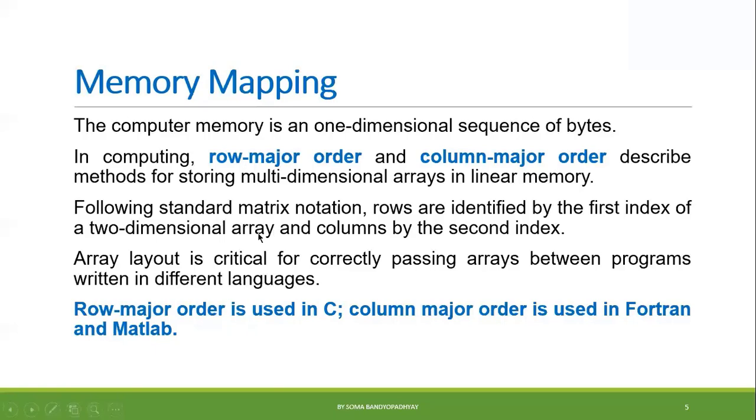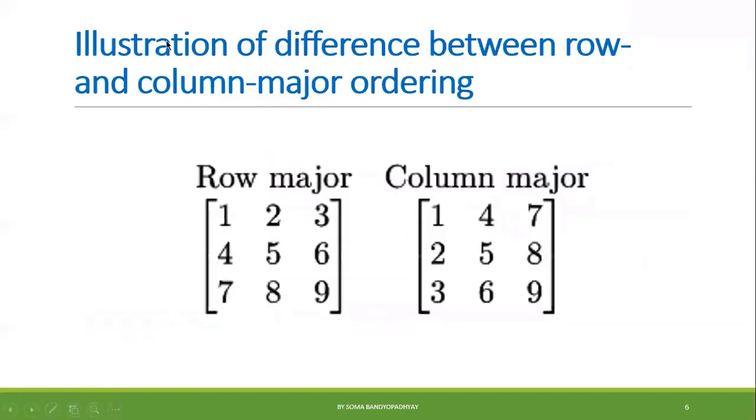Now we can illustrate the basic difference between the row and column major ordering. Although we have shown a rectangular picture of a two-dimensional array, these elements will actually be stored sequentially in memory.